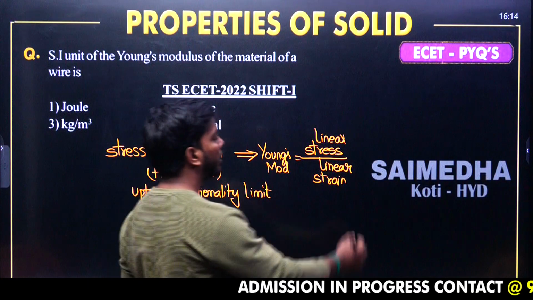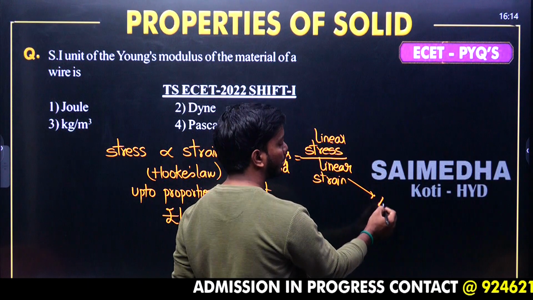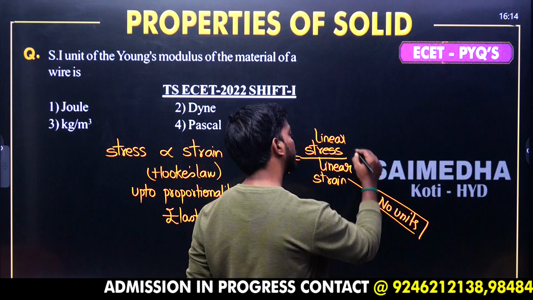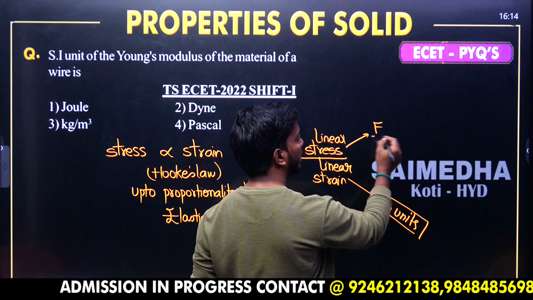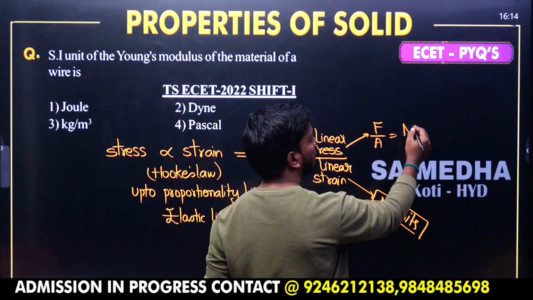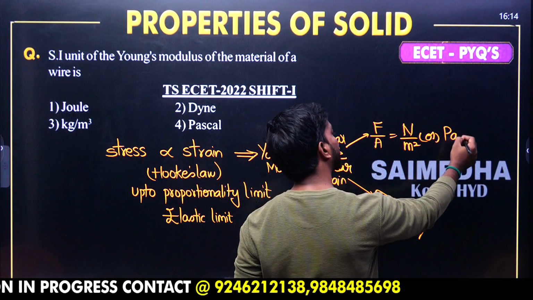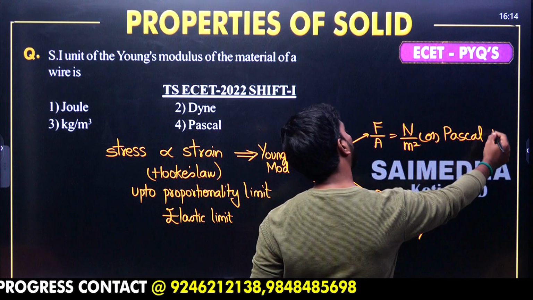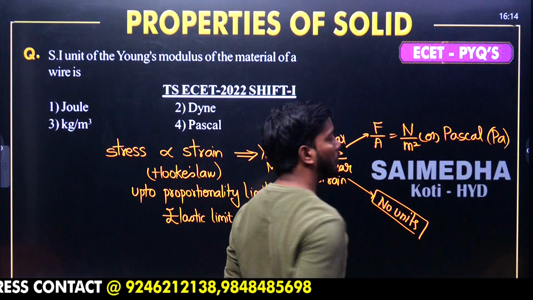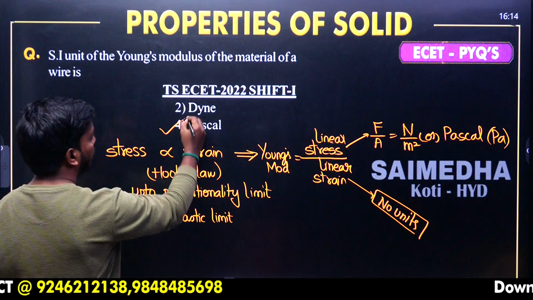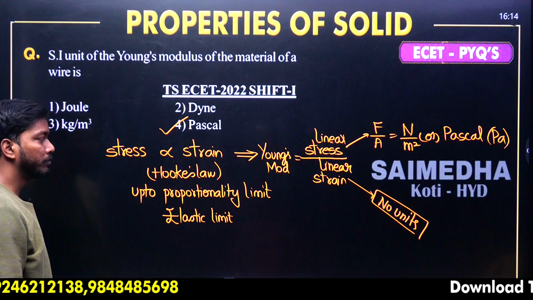We discussed that linear strain does not have any units, no units. What is the stress value? It is force by area, that is Newton per meter square. Newton per meter square also called as Pascal. What is it called as? A Pascal, Pa. Okay. So the correct answer for this question is going to become a Pascal. Go through it.